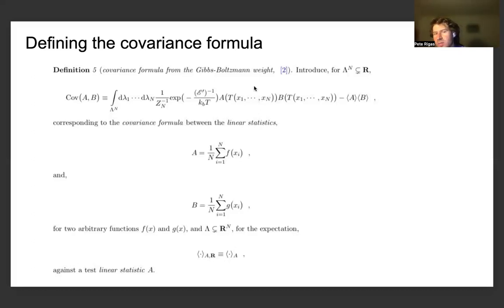So these terms A and B, which appear under the integral over Rn against each one of the lambda i's, is given as a function of the image of the points x1 through x big N, as well as under B, in which we multiply the values of these two linear statistics so that we can compute the covariance between them.